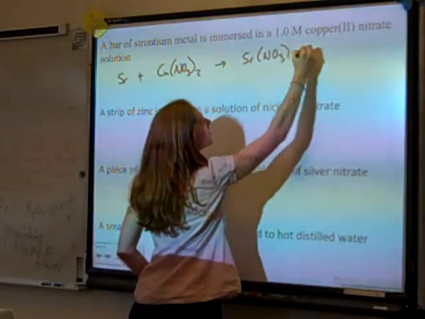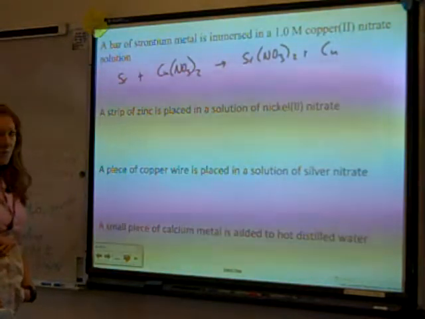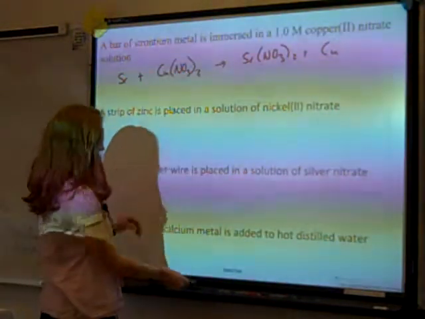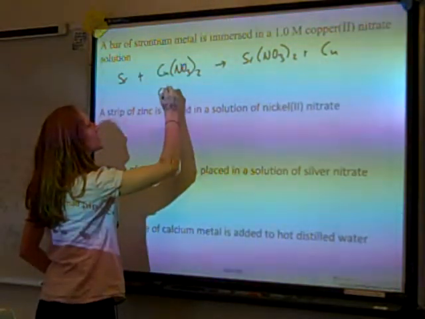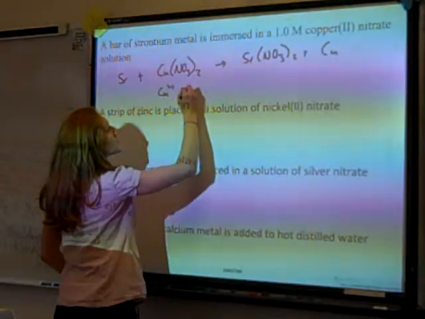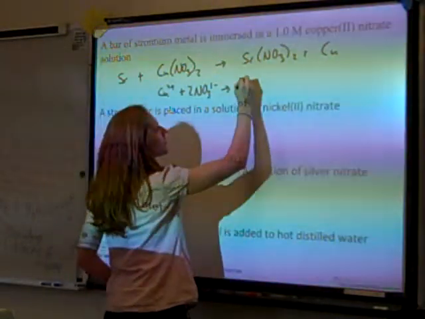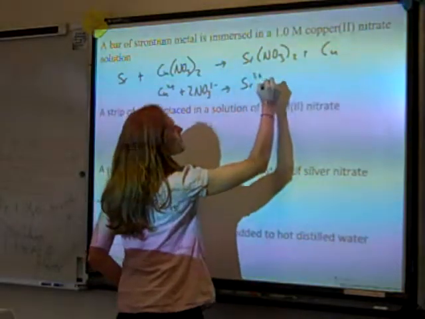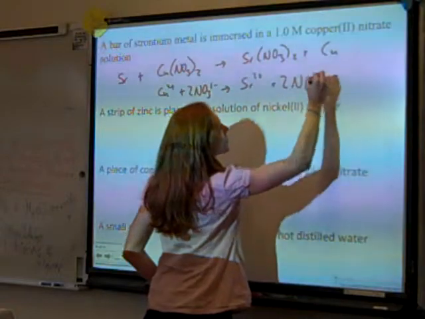Sr(NO3)2 and copper. Alright, I have to write the net ionic equation, which means I should write all these things as ions. So this is actually Cu2+. My reaction's balanced, so we're good. Plus 2 nitrates, NO3 1-, goes to Sr2+ plus 2 NO3 1-.